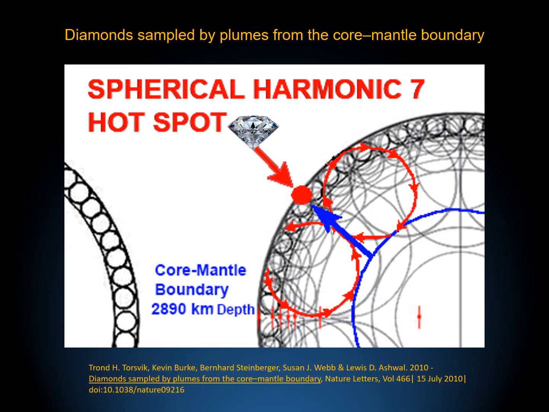Torsvik et al., in their 2010 paper titled Diamonds Sampled by Plumes from the Core-Mantle Boundary, indicate the significance of spherical harmonic 7 Rayleigh-Benard convection. The hotspot location of spherical harmonic 7 on the surface of the Earth would be the location most likely to contain diamond deposits.